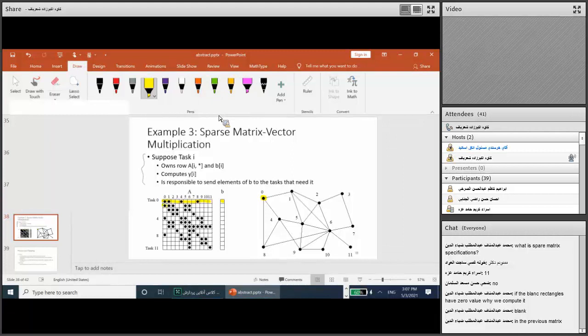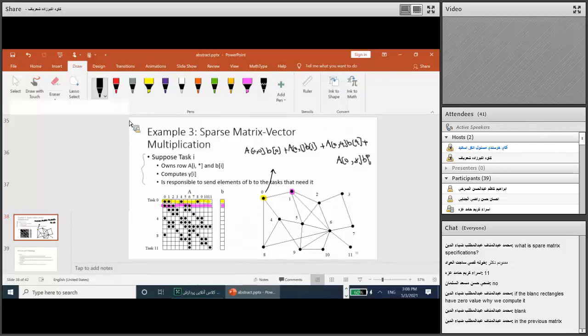Task 1 has all elements of the second row, but just B1. Task 0 wants to compute A00 B0, A01 B1, A04 B4 and A08 B8. It has B0 itself.